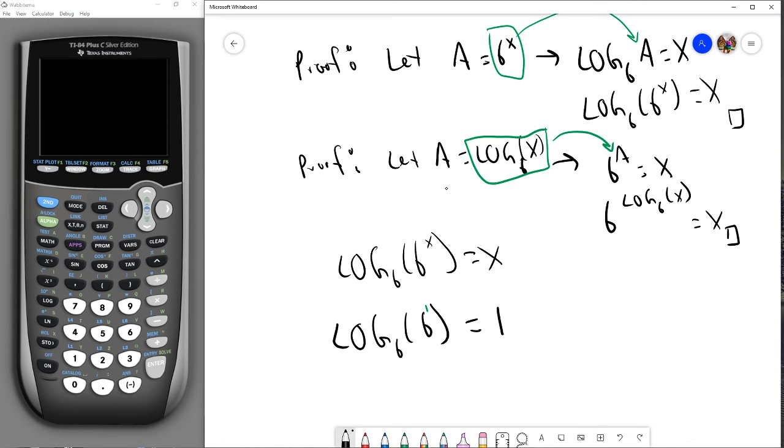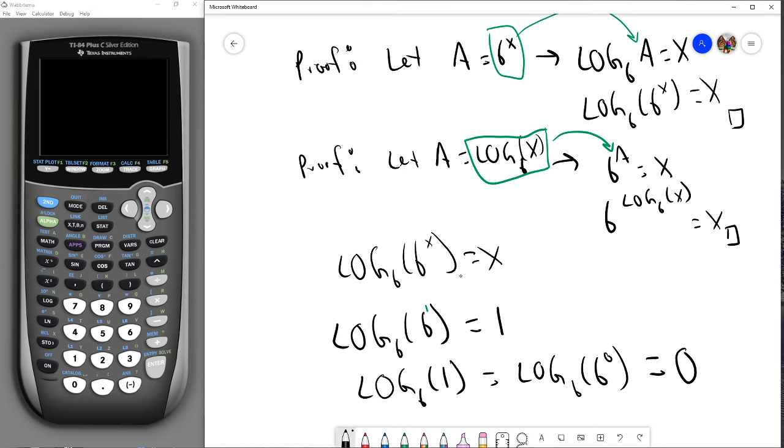So this is a useful way of thinking about logs. If the input matches the base, nothing else going on inside, then the output is just 1. Similarly, if we have log base b of 1, well, this one's a little sneaky, but if we think about 1 as b to the 0, then by our property here, this is going to equal 0.